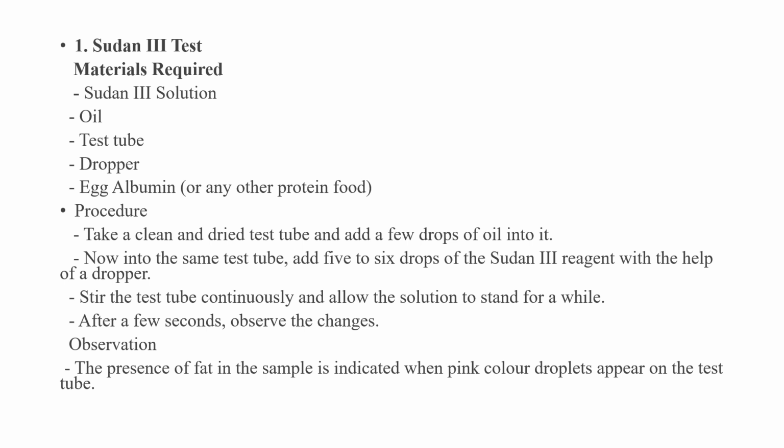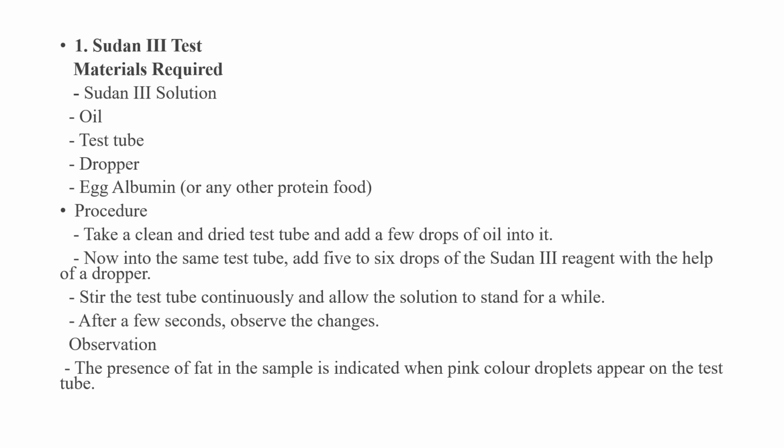You can also test for the presence of fats and oil in a food item by carrying out what we refer to as the Sudan III test, using Sudan III solution. In most cases, we use oil. So you take a clean, dry test tube, place a few drops of oil inside it, and add about 5 or 6 drops of Sudan III reagent.